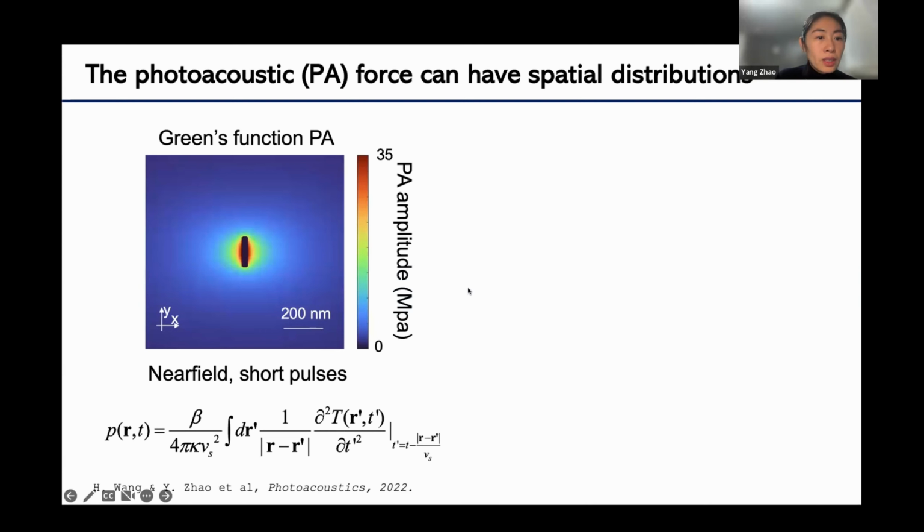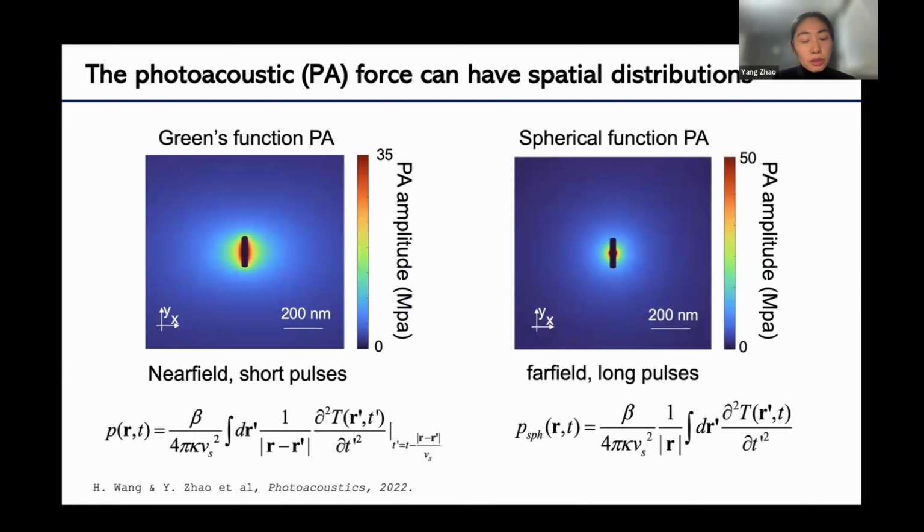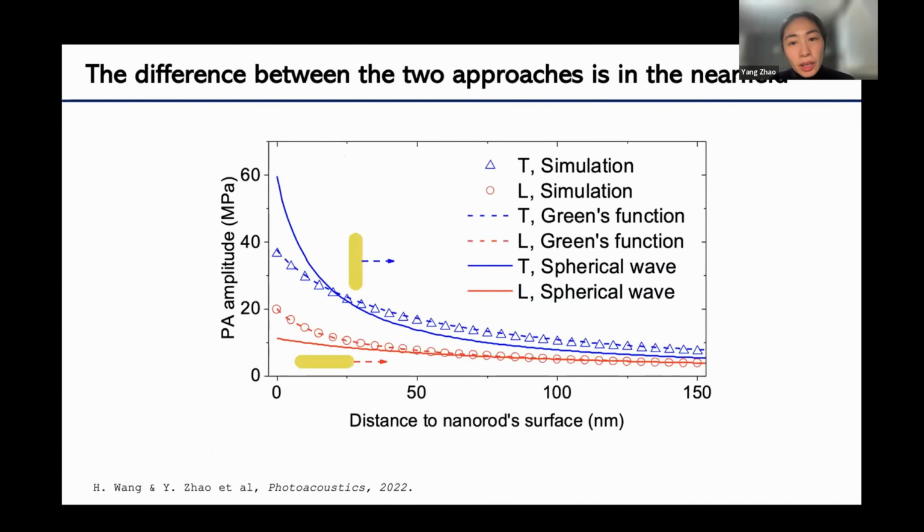A few words about this one: in the near field, it is not a spherical wave. So the take-home message is you can have different decays of this photoacoustic amplitude away from the gold nanoparticles. Assuming you can measure and image these photoacoustic force distributions, using force microscopy techniques to map them out, what you will find is shown in this calculation, a numerical and also analytical study.